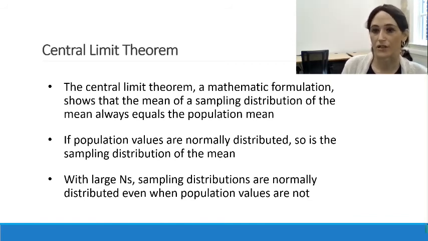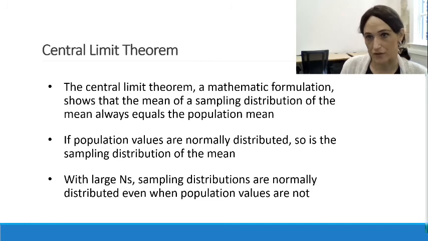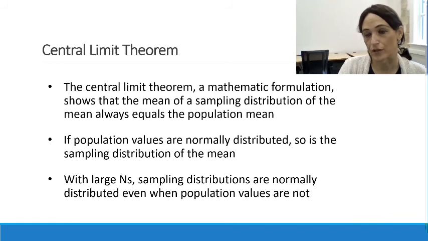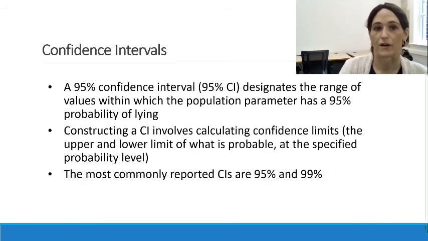So as we get large enough samples, even with a non-normal distribution, this theoretical sampling distribution will take on a normal distribution. So this is what allows us to use a normal curve or variations on a normal curve to construct probability distributions pretty much for anything that we can quantify.